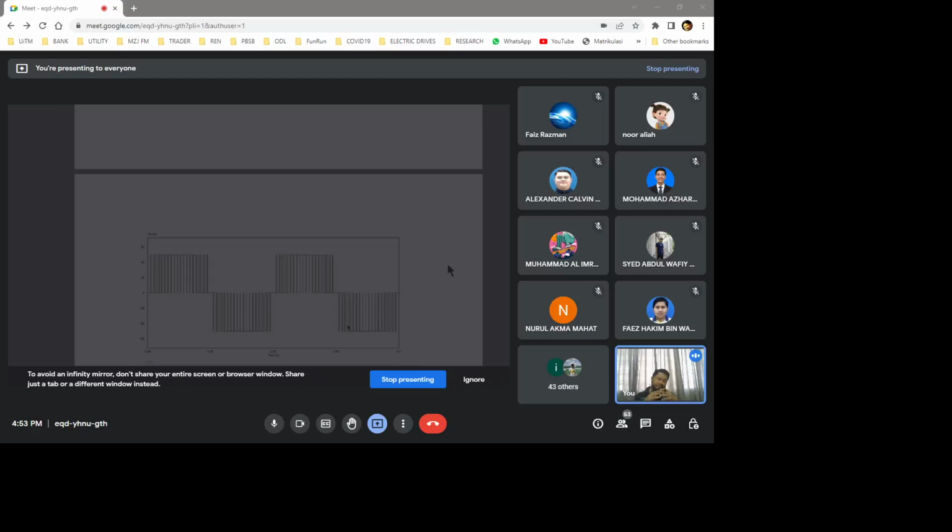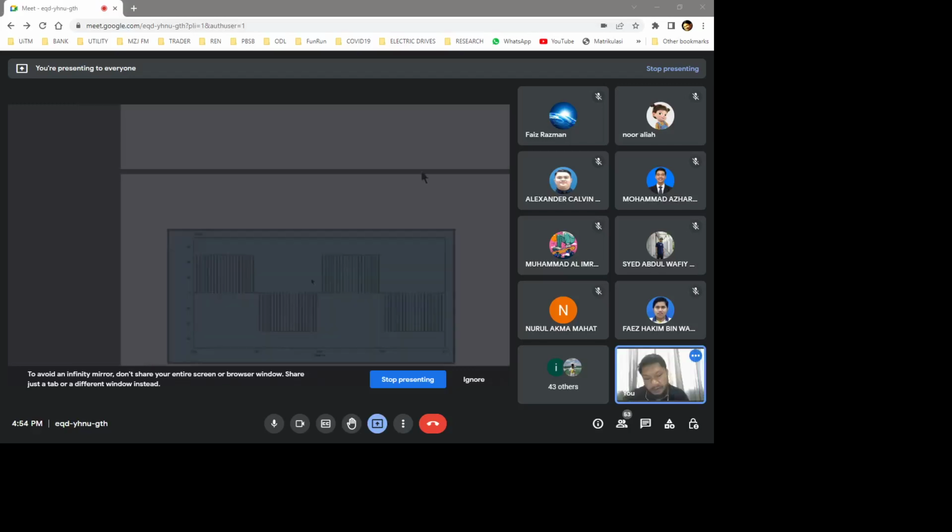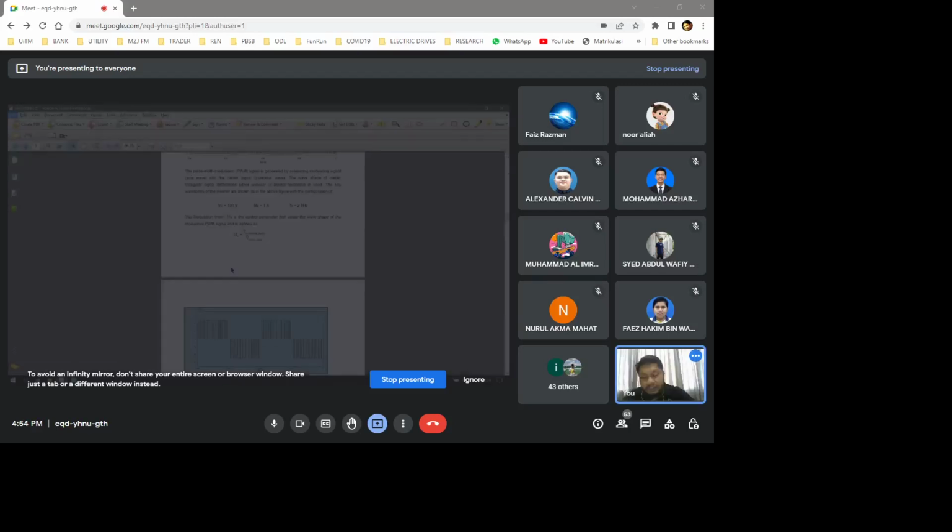So if you look, this is a unipolar PWM. And the circuit operation is always just like the square waveform or quasi square waveform.